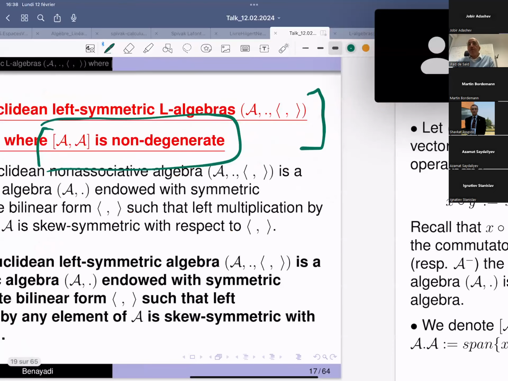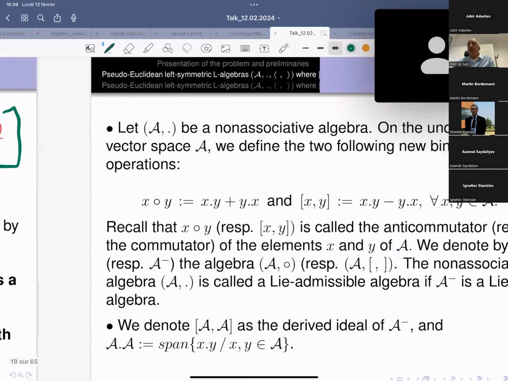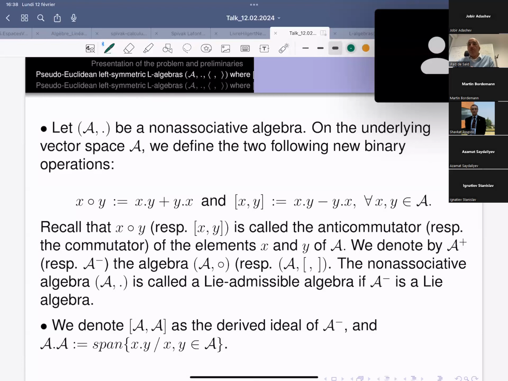If you consider a non-associative algebra, then on the underlying vector space we define the two following new binary operations, this one and this one: the commutator and the anti-commutator. We denote by A plus the algebra with the anti-commutator product, and A minus the one with the commutator.